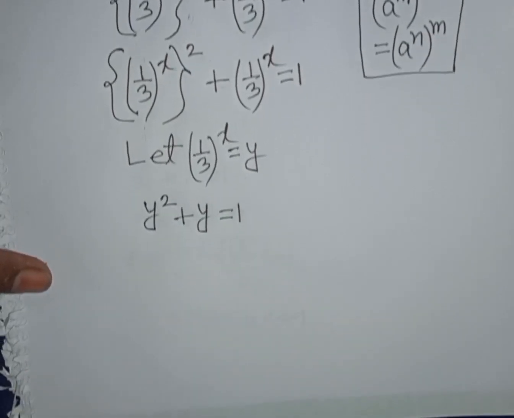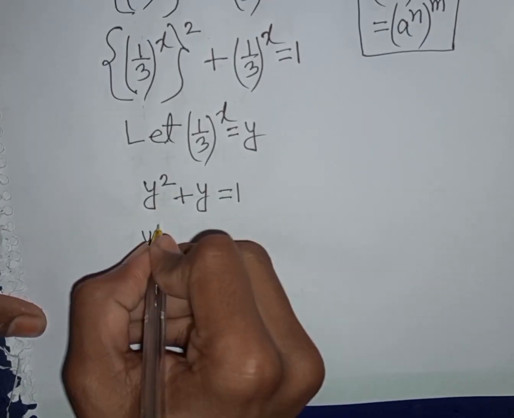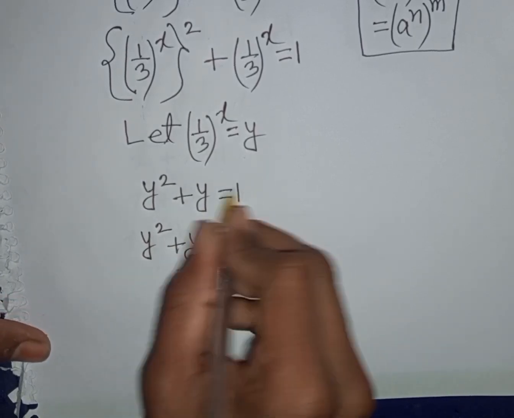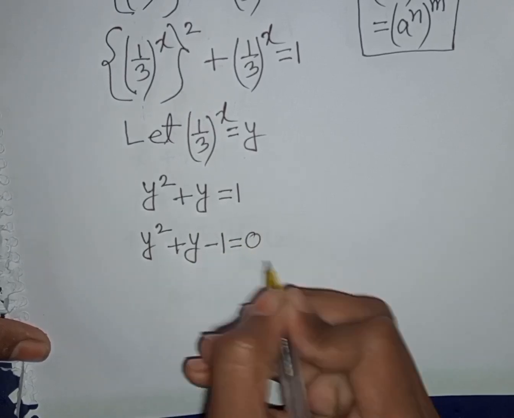Now we can write here y squared plus y, then this plus 1 taken to the left side will be minus 1, equal to 0.